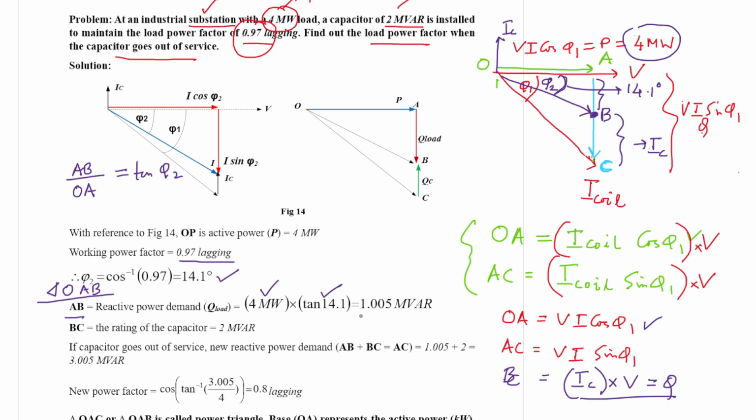So if you solve this, we get AB as 1.005 megawatt. So this much is nothing but QL, or Q load, or Q substation, whatever it may be, 1.005 megawatt.